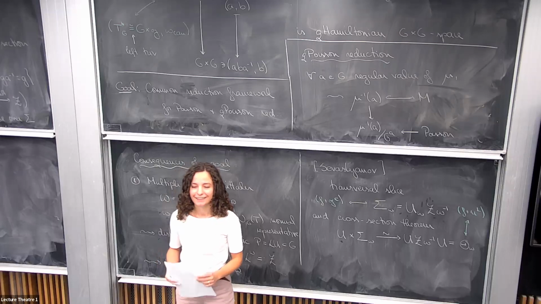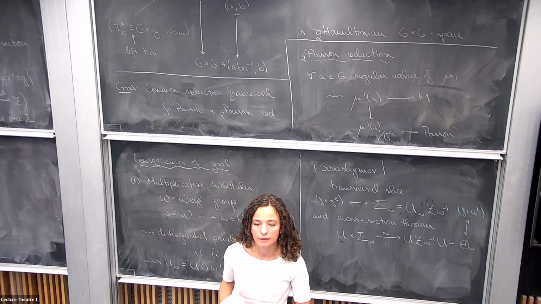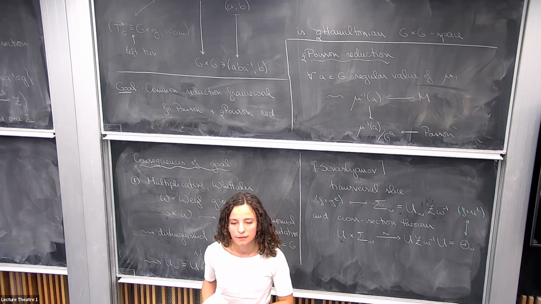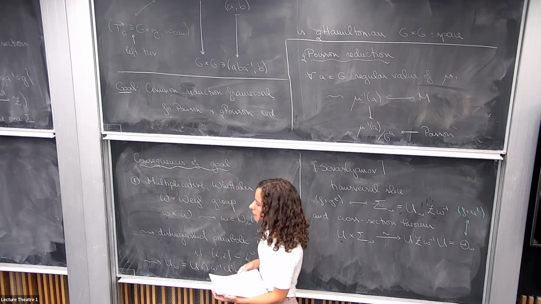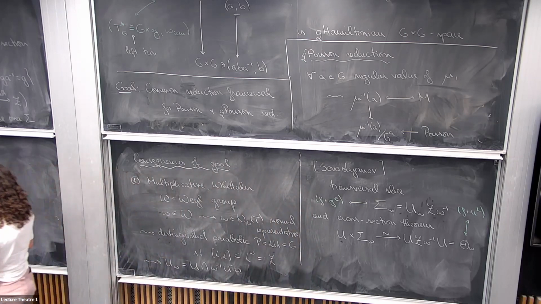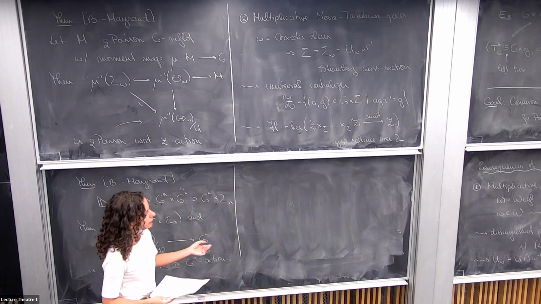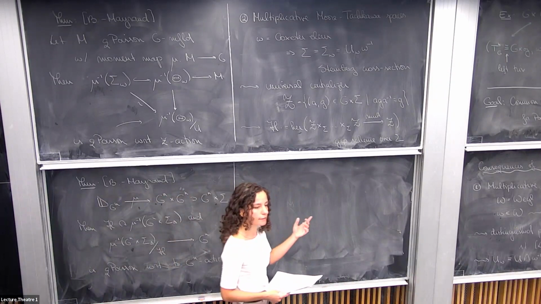Exactly. For n equals 2, do you get the multiplicative cotangent of G? For n equals 2, cotangent of G, I think the dimensions are a bit off. So for n equals 1, I think I get the universal centralizer.